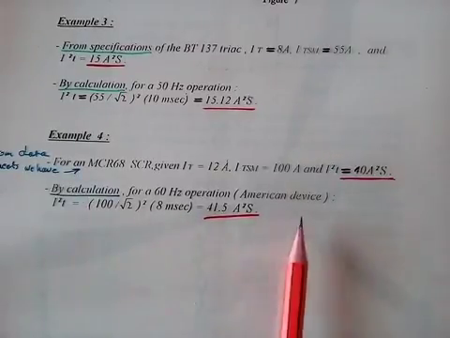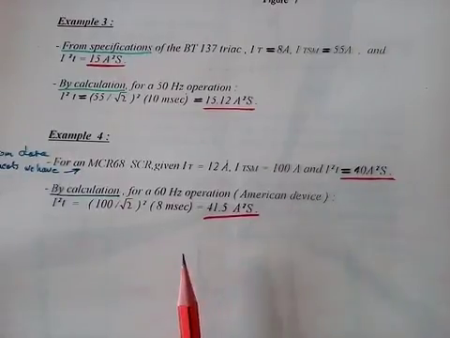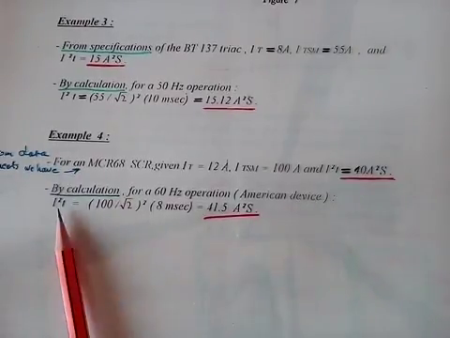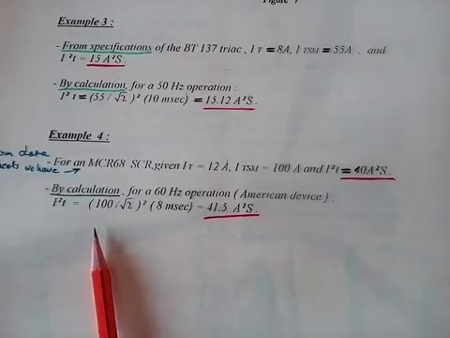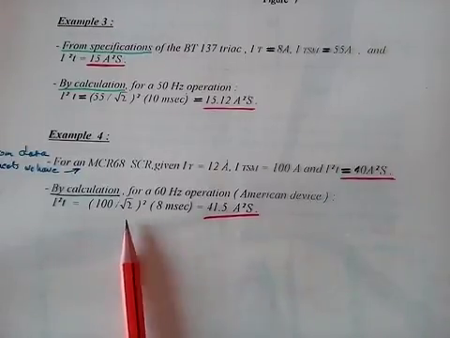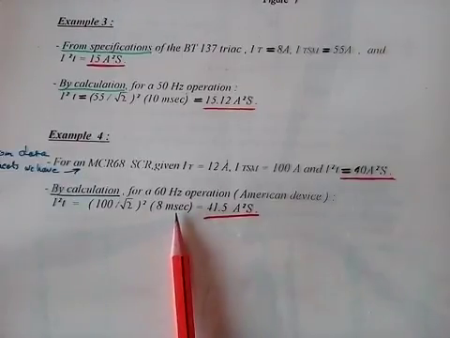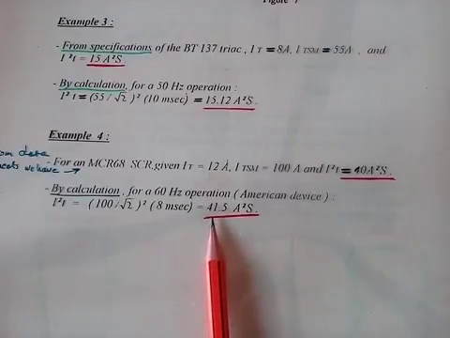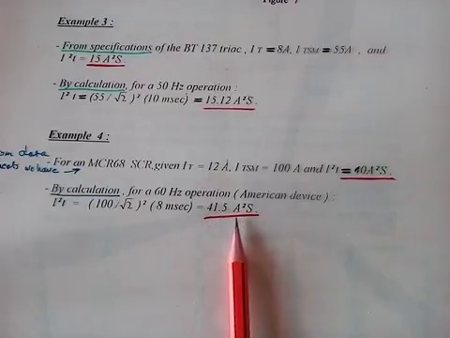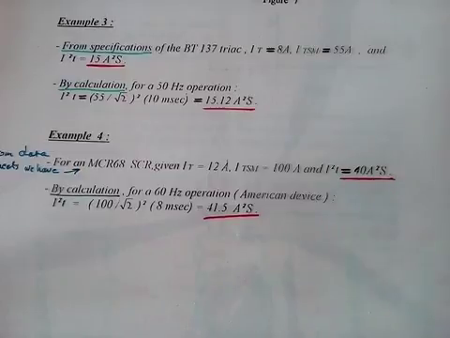By calculation, and that's an American device, we have the I2t equal to the 100 amps over the root of 2, squared, and multiplied by 8 milliseconds, should be around 8.33. It gives about 41.5 amps squared second, and that's close enough to the 40 given in the data sheet.